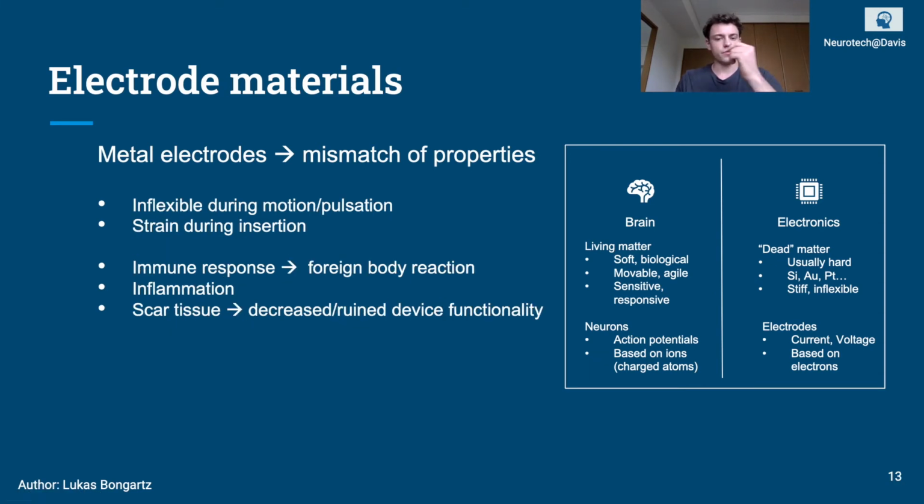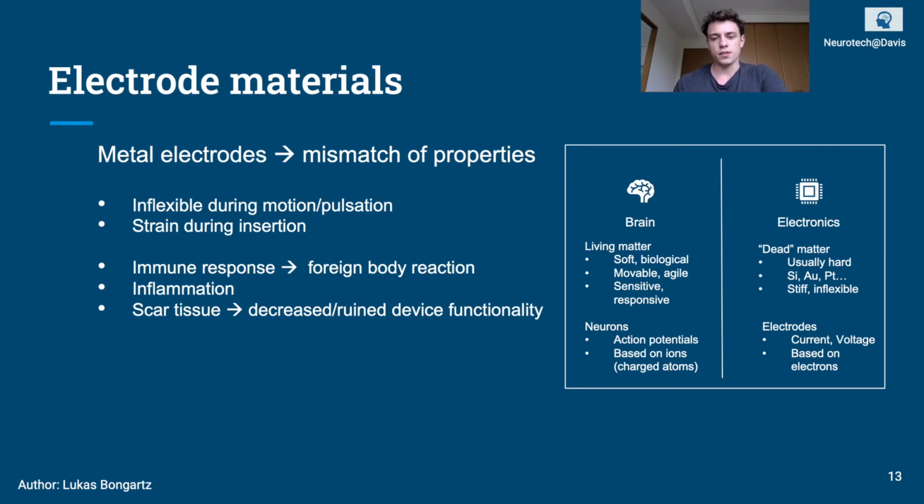So what are the results for neural tissues? As we said earlier, the old-fashioned electrodes are inflexible during pulsation and motion, and thus we have quite a high strain during the insertion process.